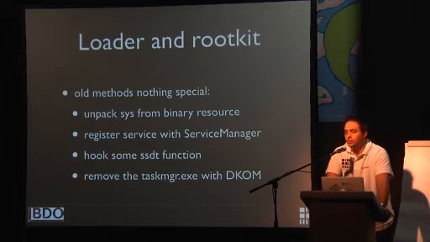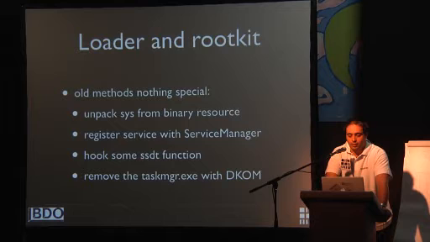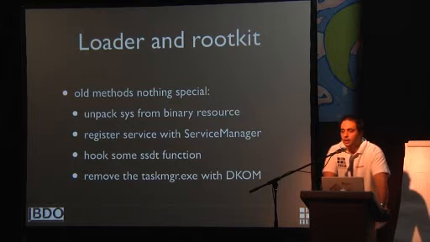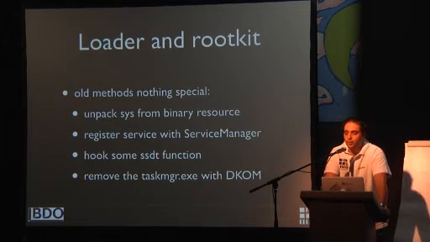They try to unpack a sys file which is stored in a binary resource. That was the company who used it more frequently, more widely. We load it into the kernel.